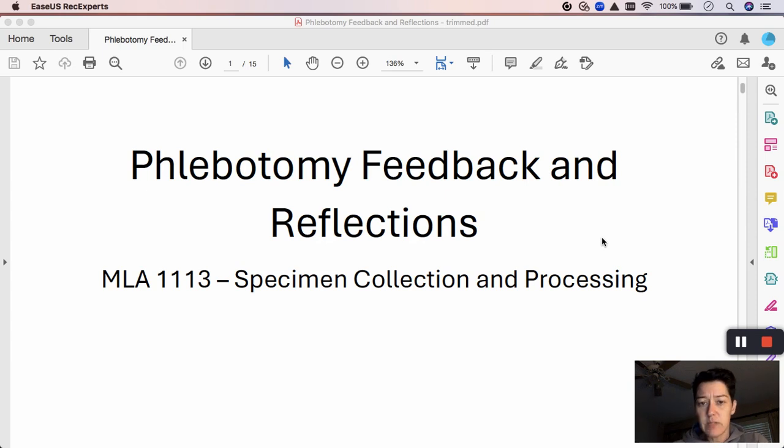So it's a very hands-on experience, and then I am also wandering around and watching their procedure and giving them feedback as we go. So for this assessment tool that I've created, they will be paired in threes, and there will be the patient, the phlebotomist, and an observer.